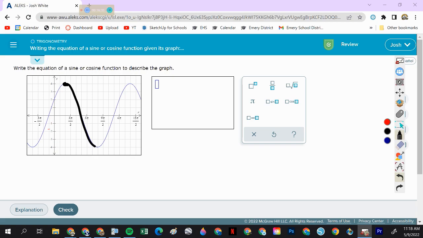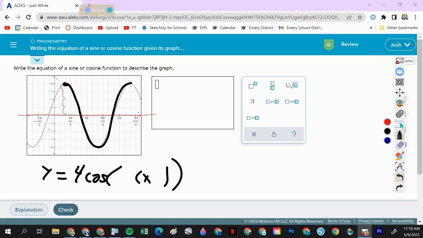So here is a full cycle, right? And my center line is at 0. So the amplitude is 4. So y equals 4 times the cosine of something like that.